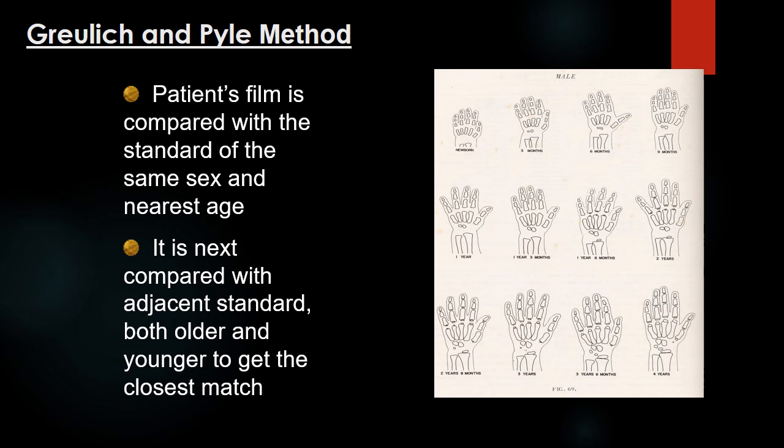So the patient's films are compared with the standard of the same gender and the nearest age, and then compared with the adjacent standards, both older and younger, to give us what we call the bone age. And bone age has a very important bearing in the assessment of short stature.